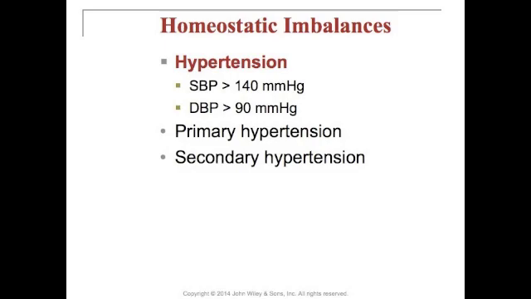Hypertension stage 2, this is where the systolic pressure is greater than 140 or the diastolic pressure is greater than 90. And then a hypertensive crisis is where the systolic pressure is higher than 180 and the diastolic pressure is higher than 120.